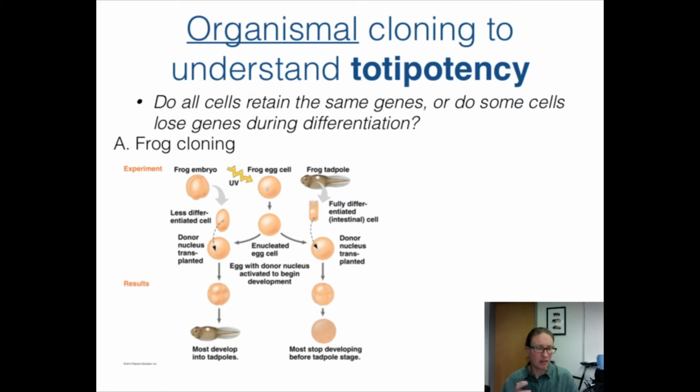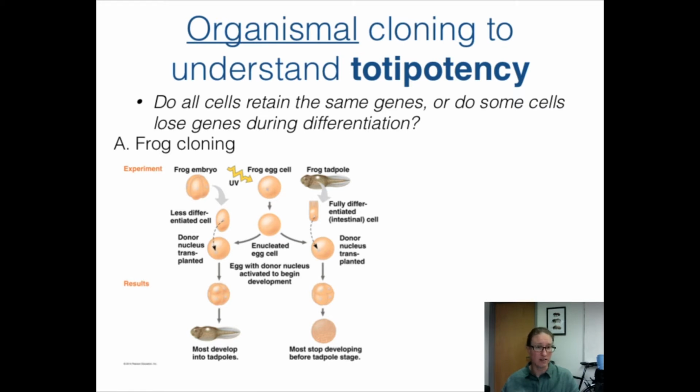So this helps to address a question of, all right, so we know that at the initial zygote stage, a cell contains all of the genes that it needs to develop into a full adult organism. But do all cells retain that same set of genes?